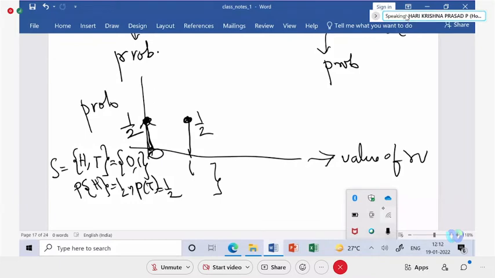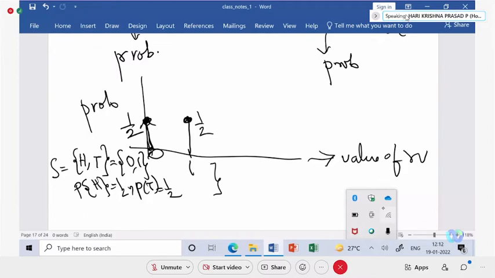The concept of a random variable can represent head and tail by specific numerical values. The collection of numerical values is indicated by the random variable X. So X is 0, 1.